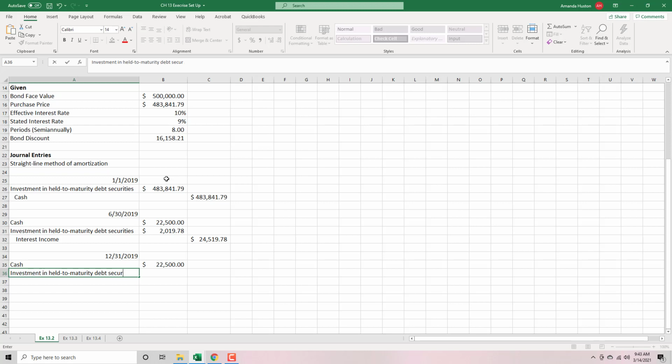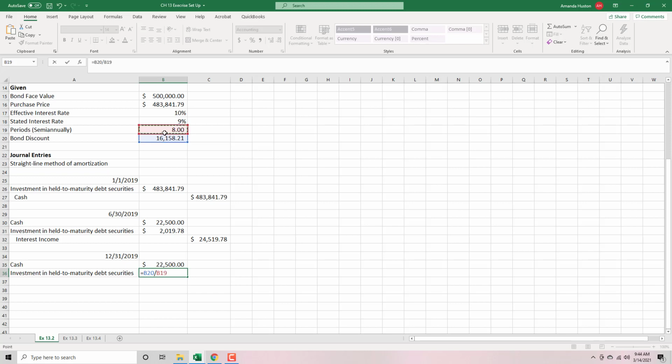So the bond discount divided by the 8 periods. So the journal entries are going to be the same on this. And then it's interest income. We're going to add these two together. So that's the straight line method.